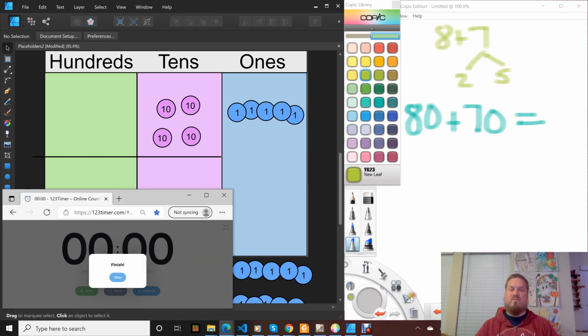All right. So here is similar. We've got the 80. That's near 100. We want to get to 100 to make it easier to add up. Here we have 70. 70 is 7 tens. We can turn it into 2 tens and 5 tens. 2 tens and 5 tens is 7 tens. 2 tens plus 8 tens is 1 hundred.